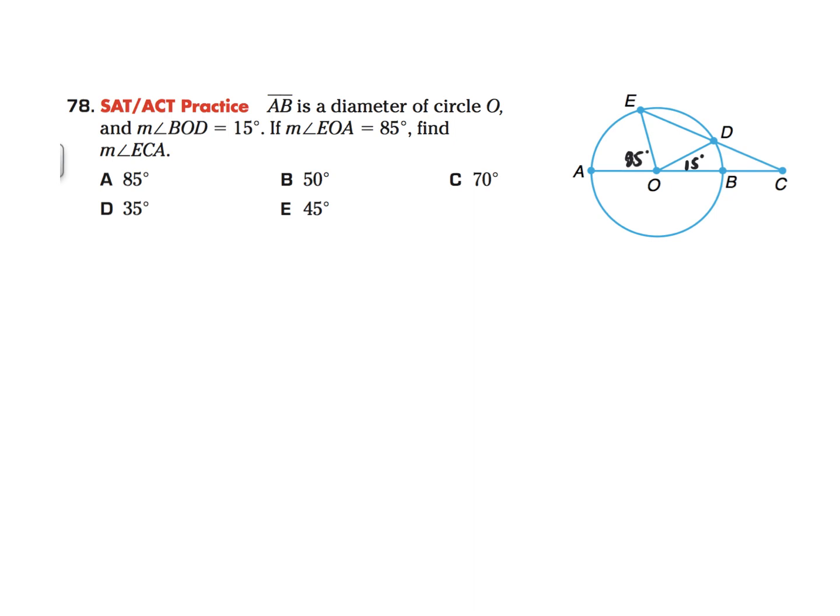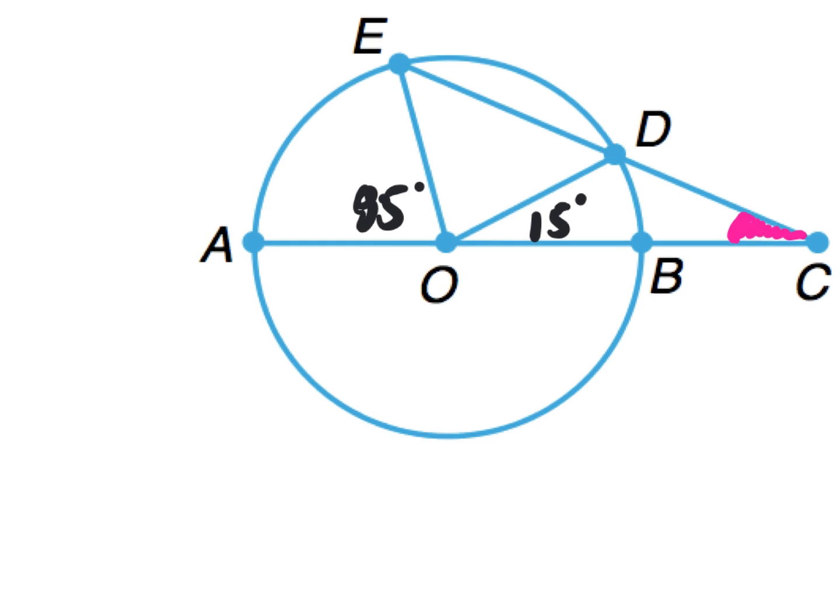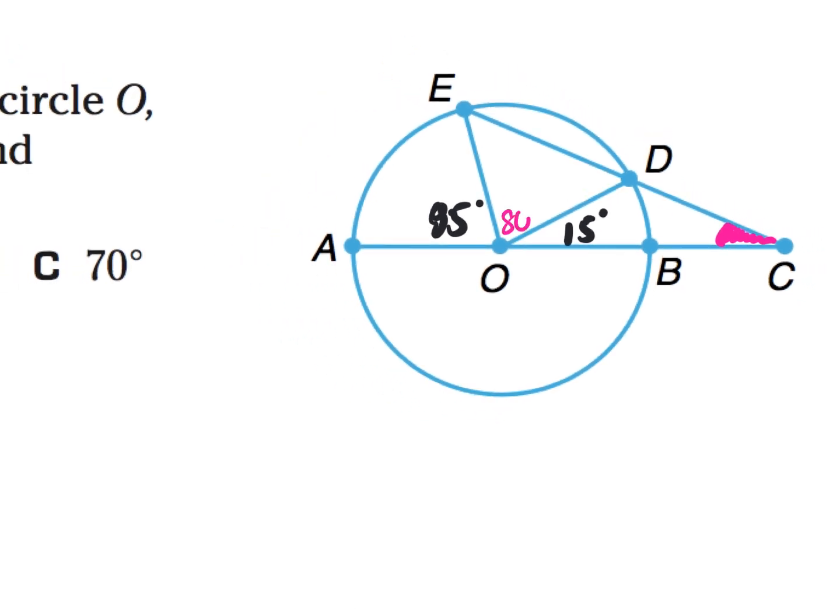They want ECA. Anyone have any ideas? Well, you can get 80 degrees. You're saying that's going to be 80? Because these add up to 180? 165. Agreed, buddy.